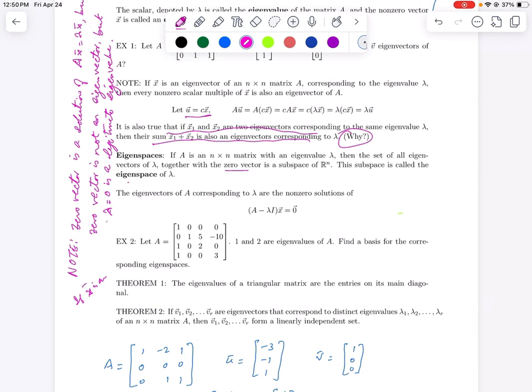We can also show that the zero vector is in the set, so if we put everything together and include the zero vector as well, then that becomes a subspace of Rn.